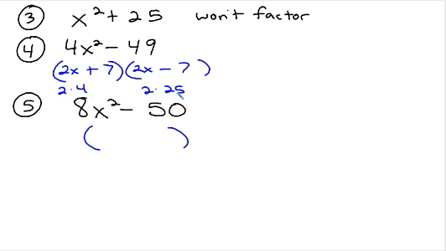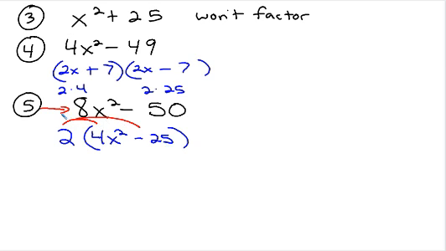Isn't 2 times 4, 8? And 2 times 25, 50? So I can factor out a 2, thinking like backwards distributive property. And what I have now is 4x squared minus 25 in here. If you think of the way distributive property works, if I distributed this 2 through, I would get this. All right? So that should make sense to us.